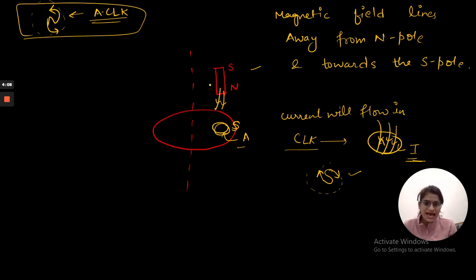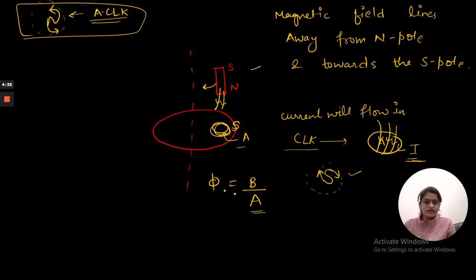Now as the magnet is rotated about the axis, the field lines crossing this particular area will decrease. That means the magnetic flux across that area will decrease. Flux is the magnetic field per unit area.